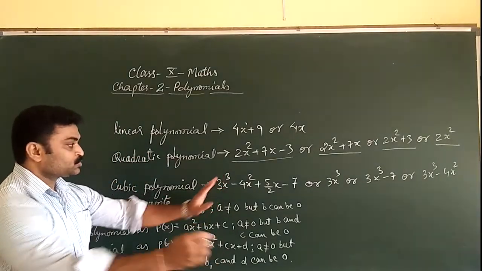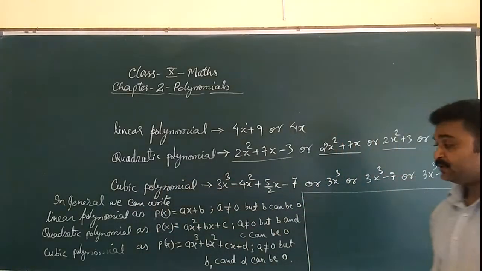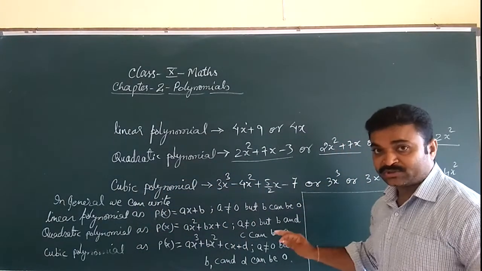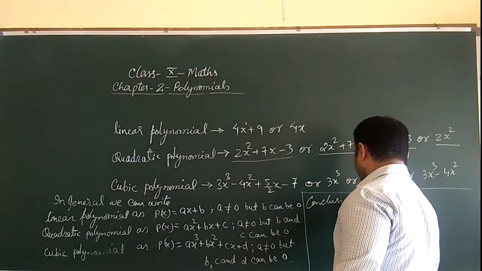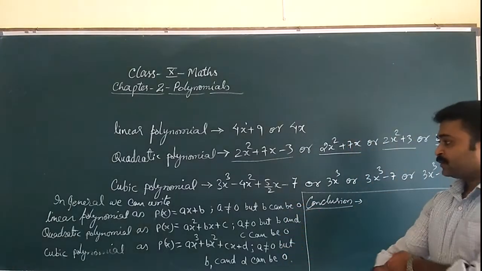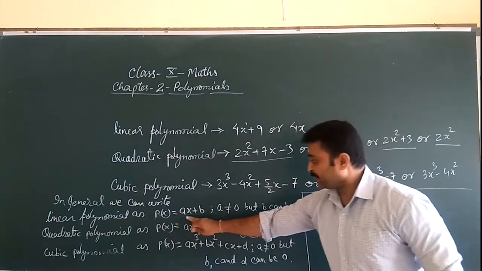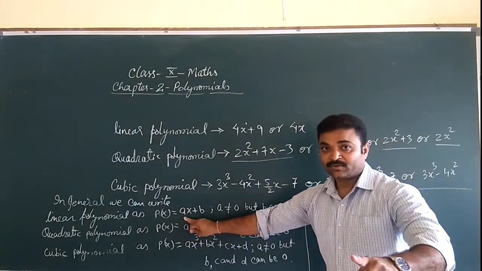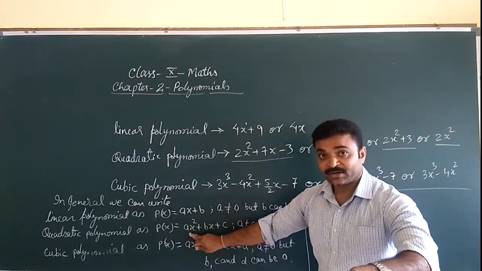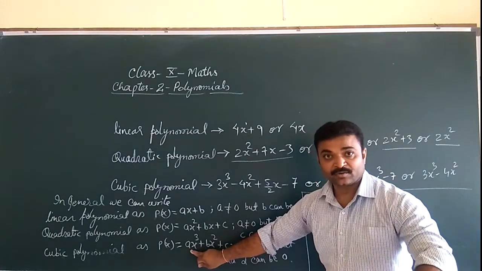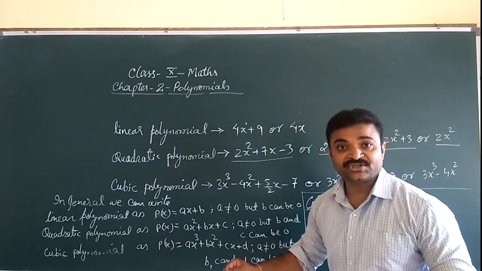Got it? So here we got a conclusion. What is the conclusion? In a linear polynomial a is not equal to 0, in a quadratic polynomial again a is not equal to 0, and here also a is not equal to 0. What is a? A is the coefficient.